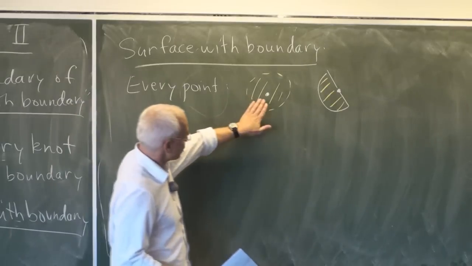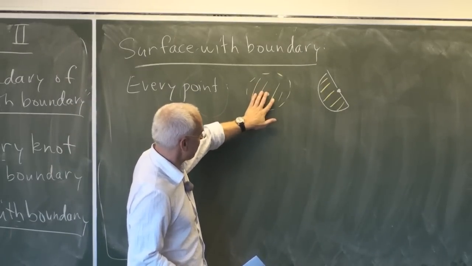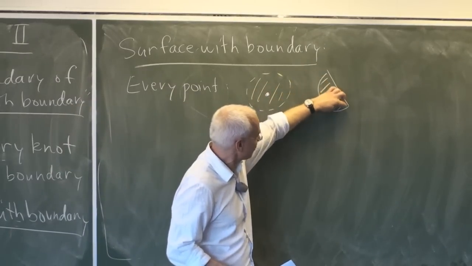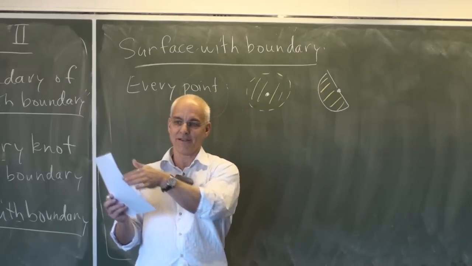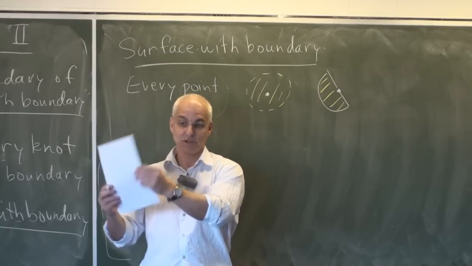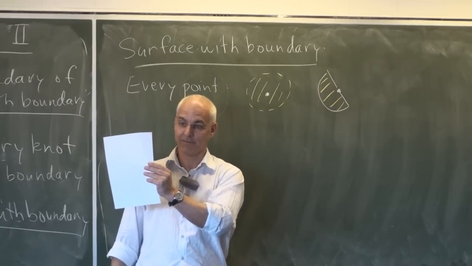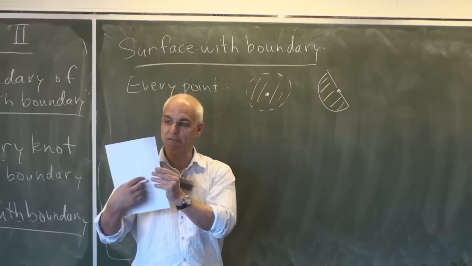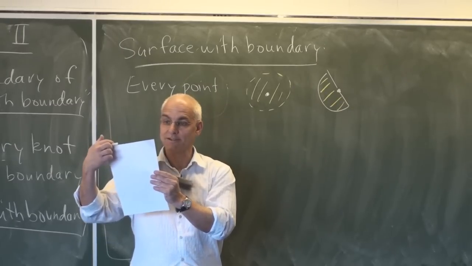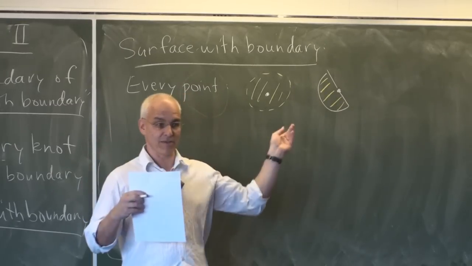So it's more general than a surface. It's two-dimensional, but there's also the possibility of being on the edge of a page. So a page is a surface with boundary. Points like this have disk neighborhoods. Points out here have neighborhoods which are like this.